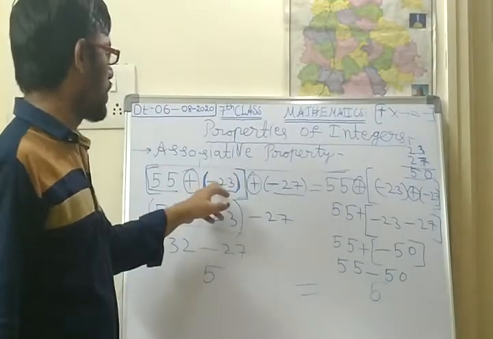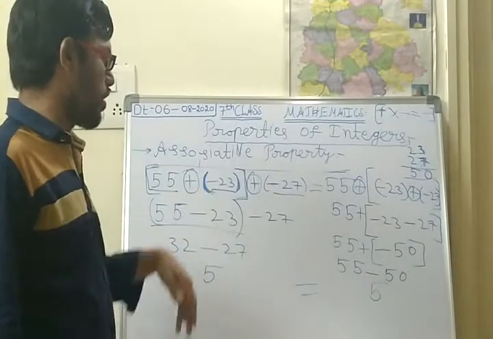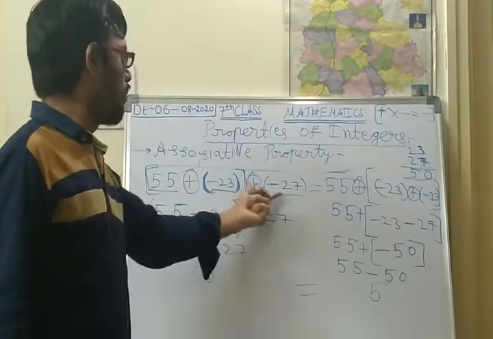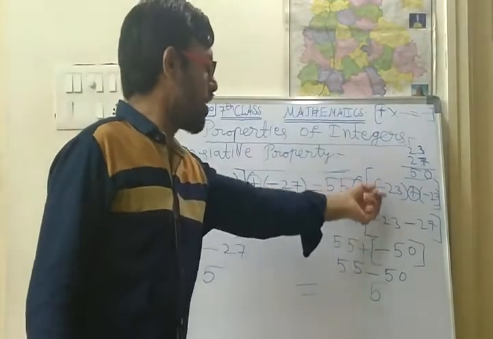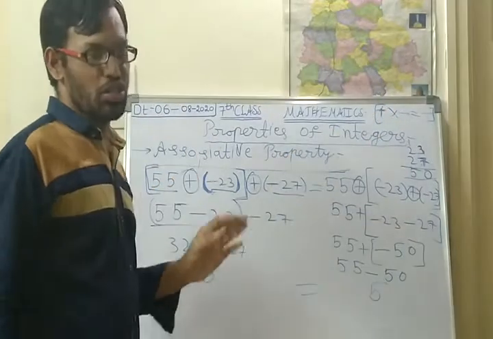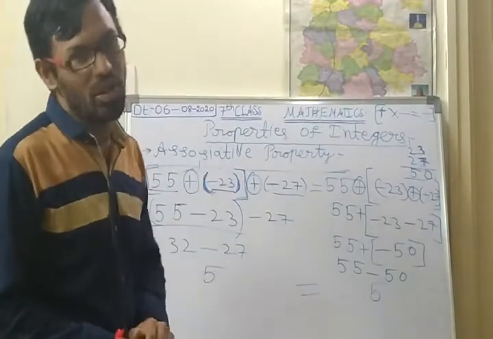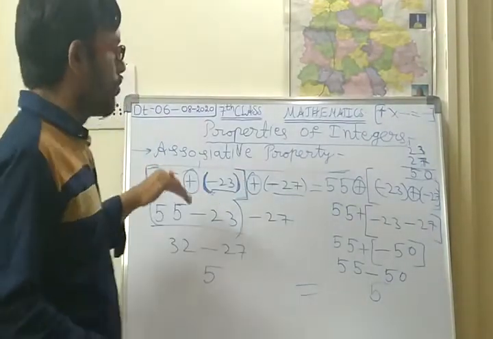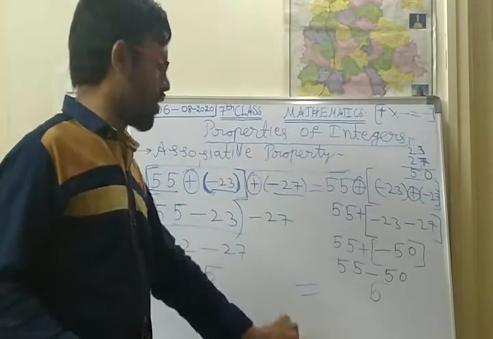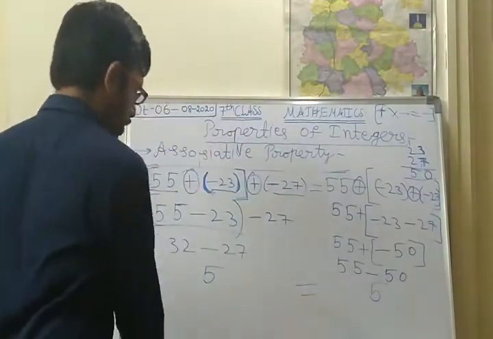Don't think that A minus B plus C like that is wrong. A plus B plus C is equal to A plus of B plus C. So this is about the associative property. I hope you have understood this concept very well. Now we shall go with one more property of integers under addition. So what is that we shall say?